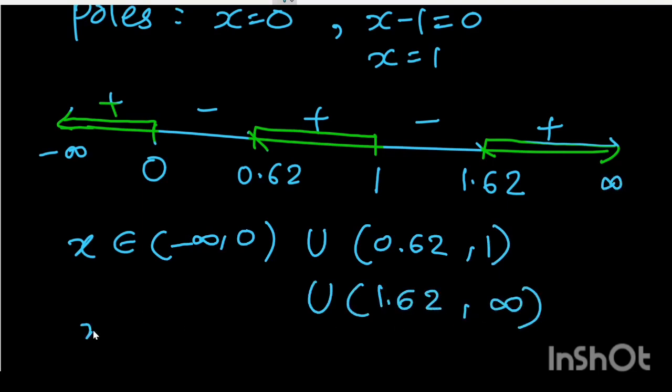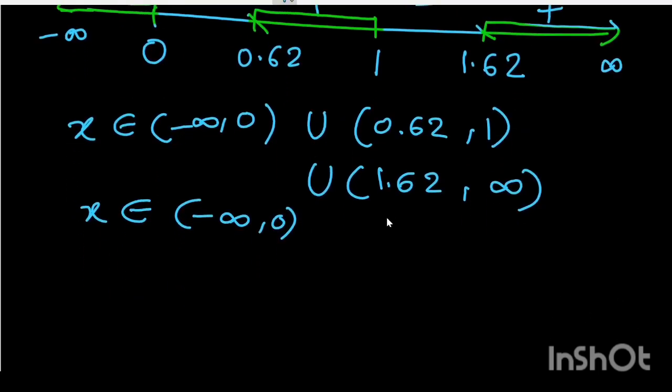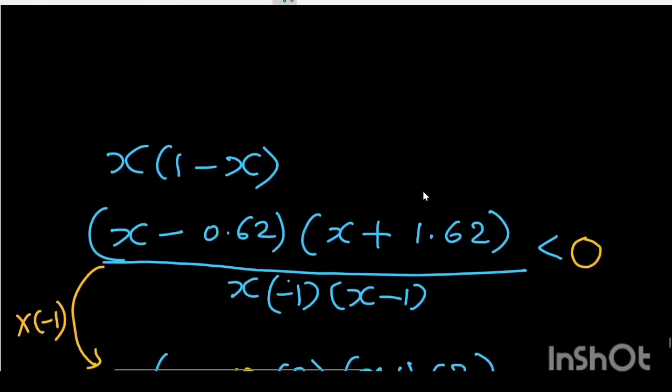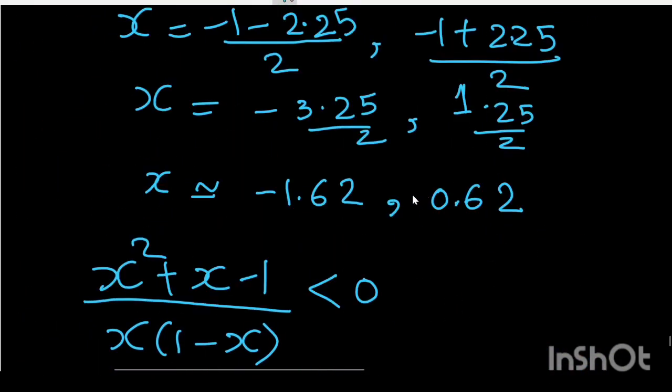Now we can again rewrite it. 0.62 was minus 1 plus root 5 by 2, and 1.62 was minus 1 minus root 5 by 2, that we will replace in the final answer.